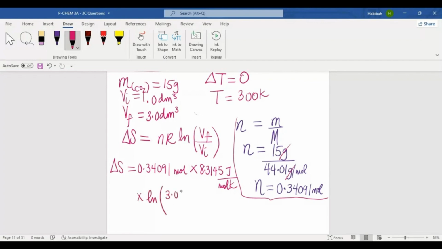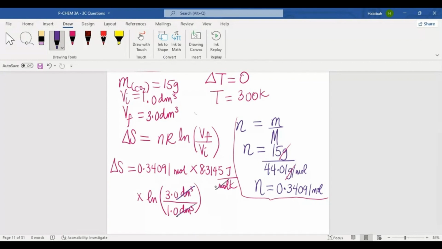So 3.0 dm cubed divided by 1.0 dm cubed. Of course, you cancel out dm cubed, 3 divided by 1 is 3, so it's ln 3.